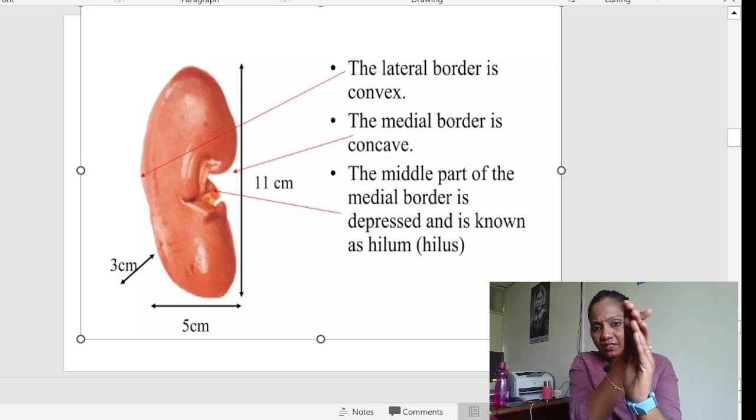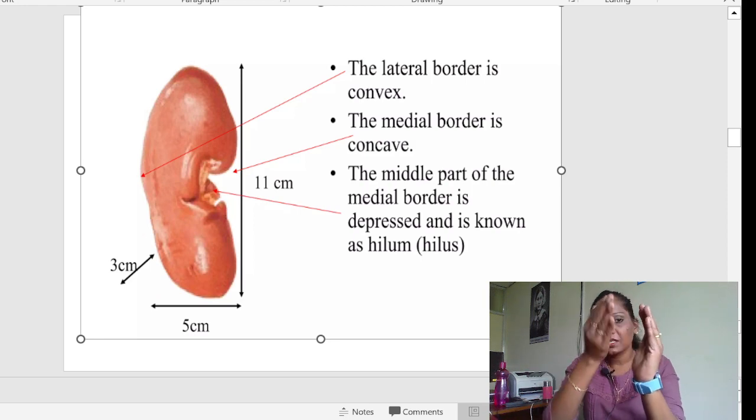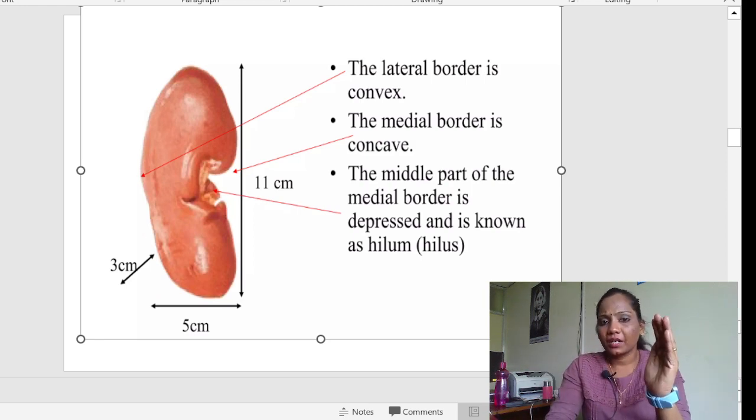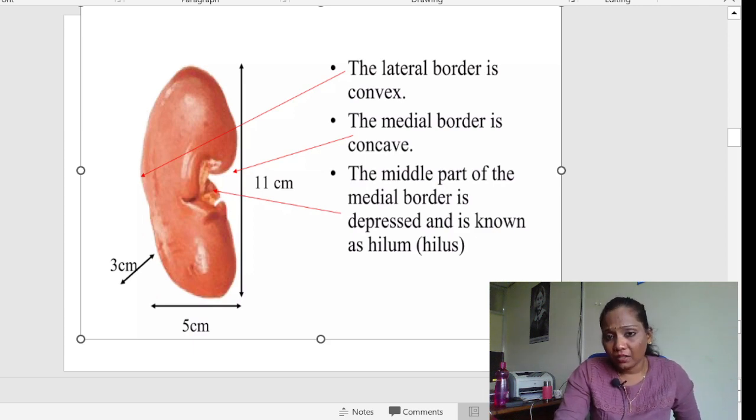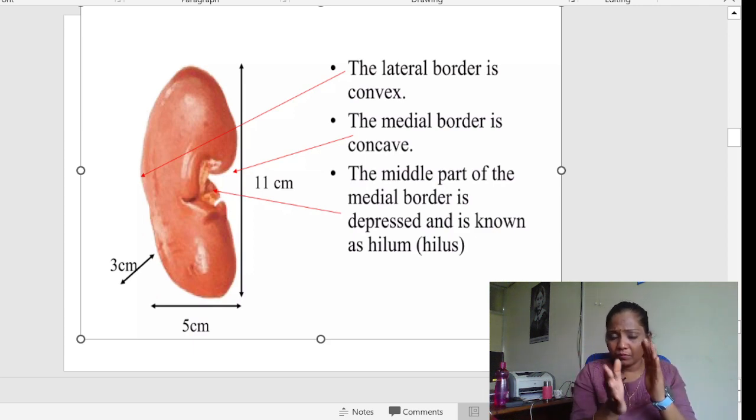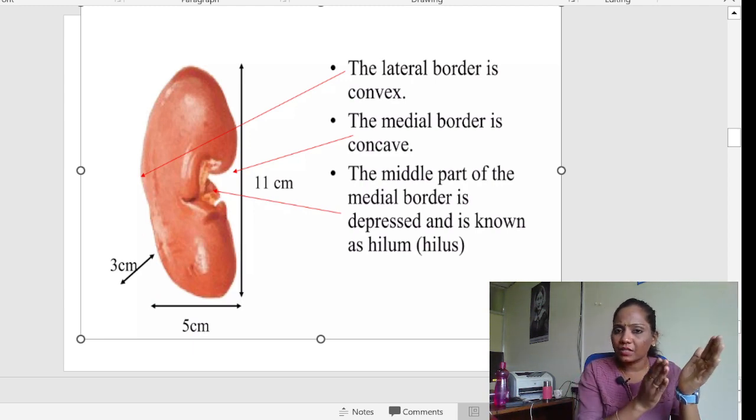The lateral portion is convex and the medial portion is concave, and the middle part of the medial border is depressed and is known as the hilus. So that is the appearance of the borders.